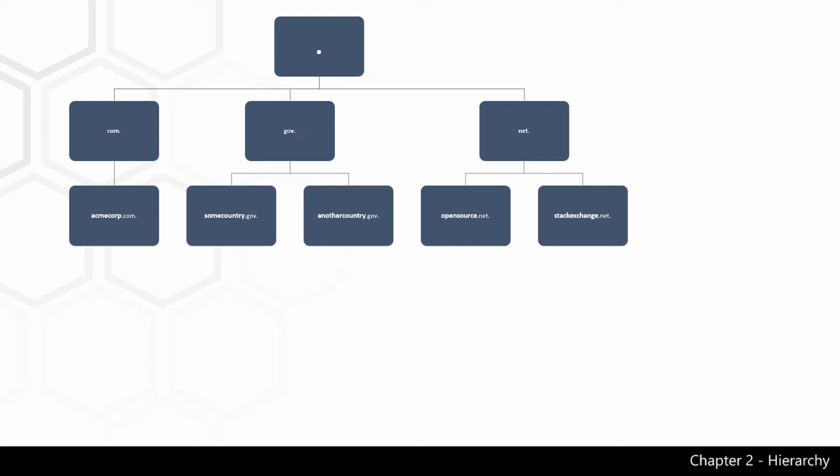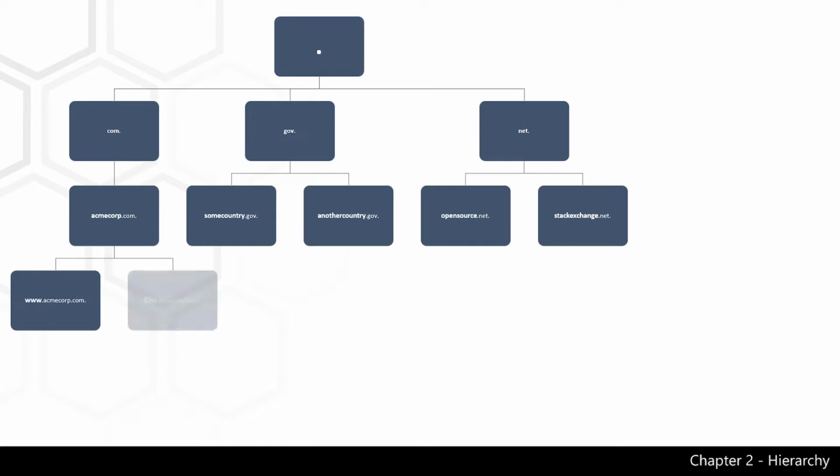You know, for a specific domain, for example acmecorp.com, somecountry.gov, opensource.net, stackexchange.net, cnn.com, google.com, etc. And as you can see, the name grows in length, delimited by a dot between the parts in the domain name.